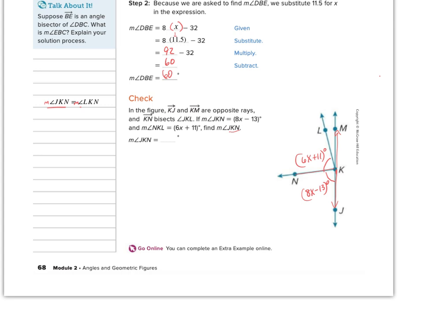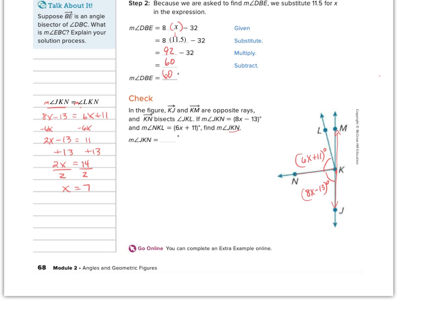So you just make those two things equal. 8x minus 13 is equal to 6x plus 11. Do your inverse operation, process your equation, combining like terms, subtract 6x from both sides. I have 2x minus 13 equals 11. Go ahead and add 13 to both sides.